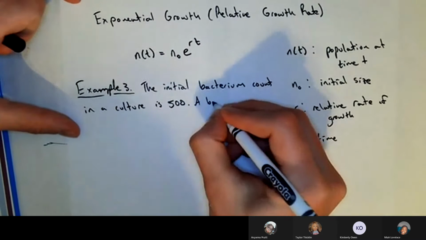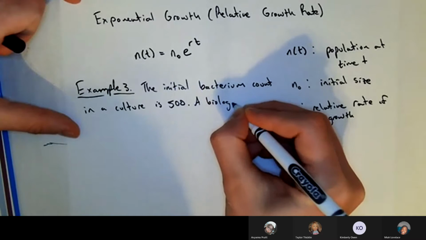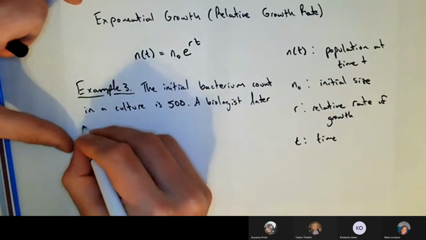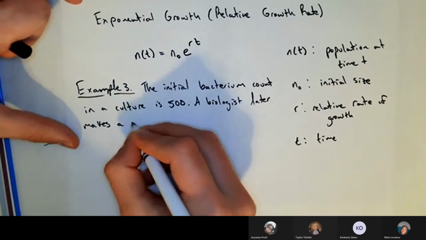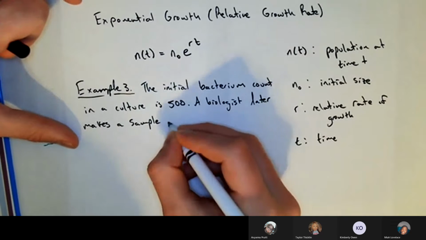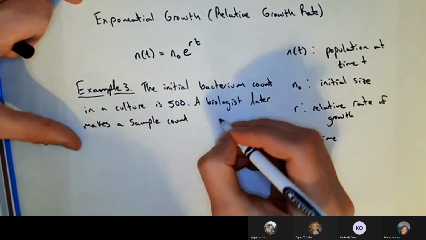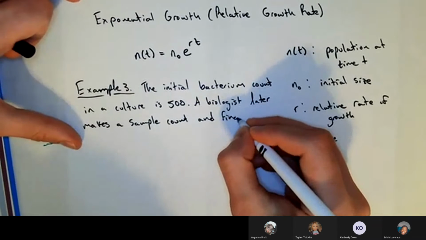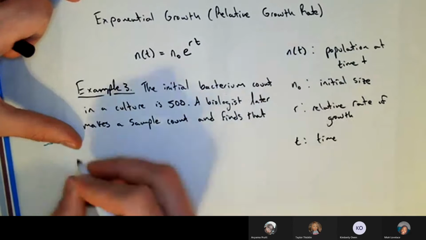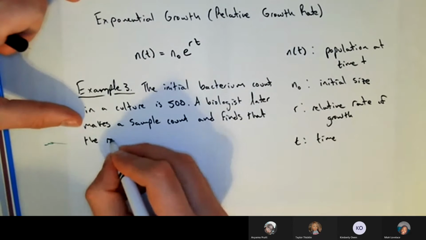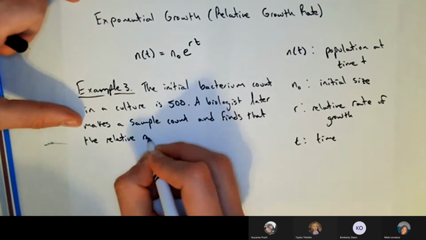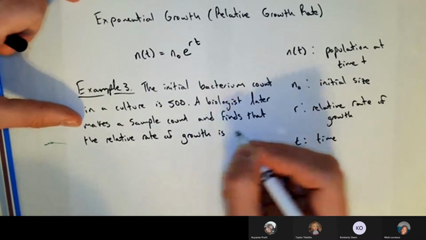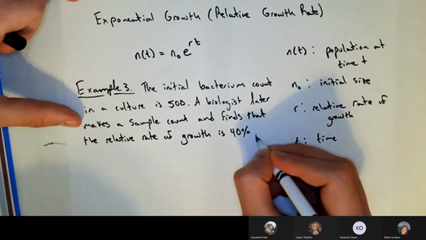A biologist later makes a sample count of bacteria in the culture and finds that the relative rate of growth is 40% per hour.